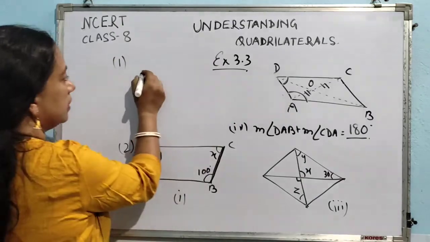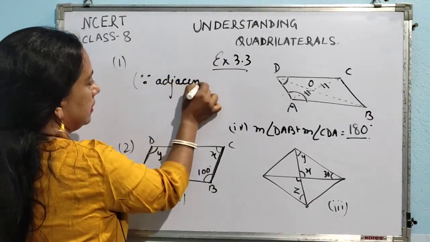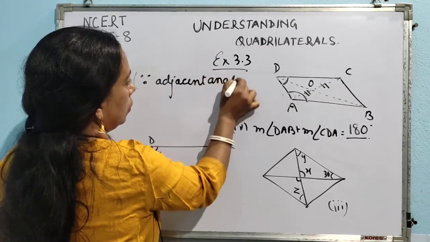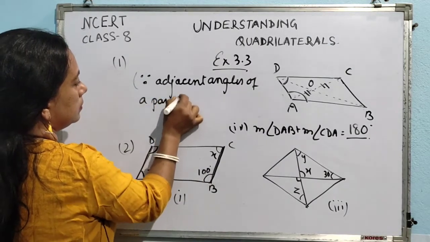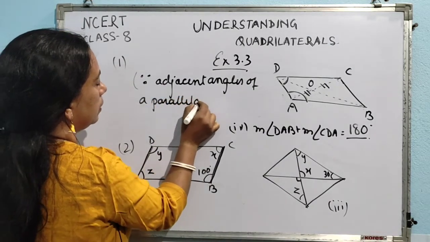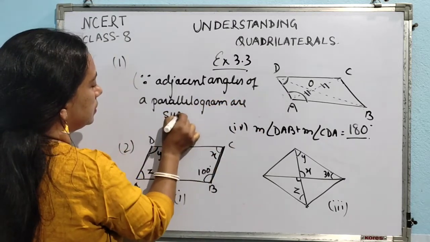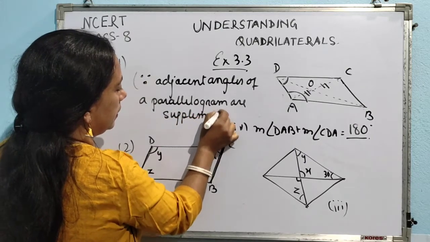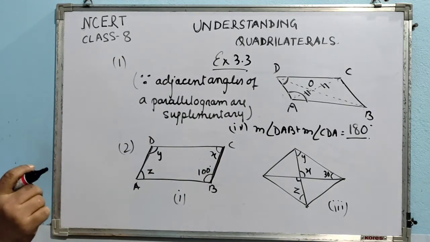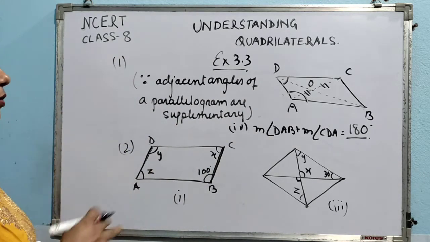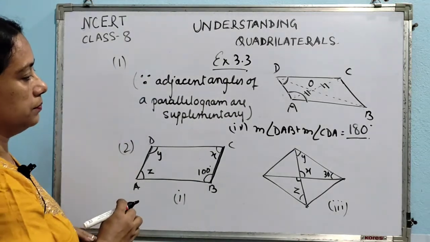I am writing here: since adjacent angles of a parallelogram are supplementary, or you can write, since the sum of the adjacent angles of a parallelogram is equal to 180 degree. That also you can write. Okay, you can pause the video and write it down.